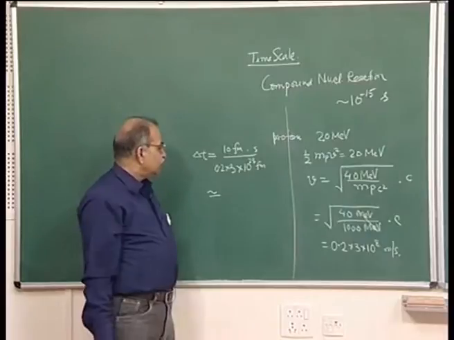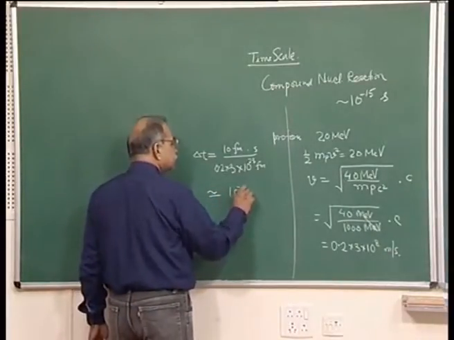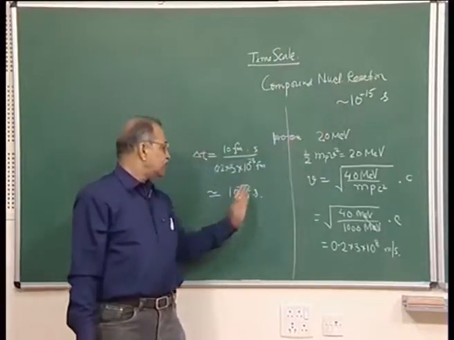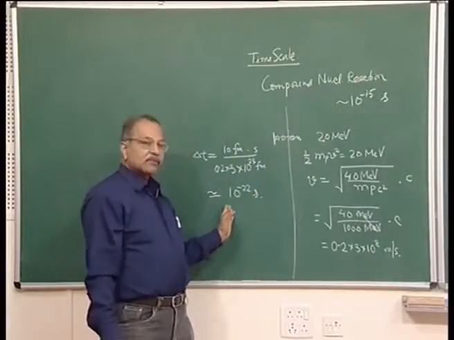So, this is going to be approximately 10 power minus 22 seconds or so. There is a huge difference in time scale: if this is 10 power minus 15 seconds, this is 10 power minus 22 seconds.